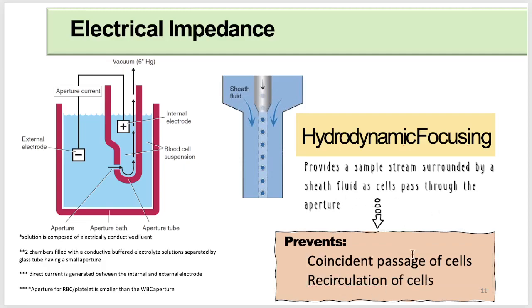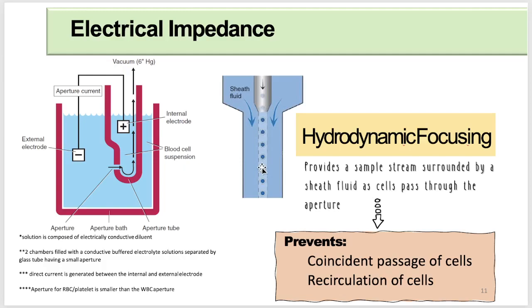Recirculation of your cells. Again, laminar flow allows the central sample stream, ito yung central sample stream, to narrow sufficiently to separate and align the cells into a single file. So, dito, nakikita natin na nag-a-align yung ating cells into a single file for passage to the sensing zone.